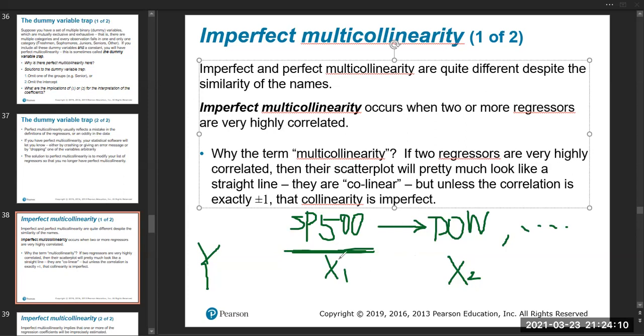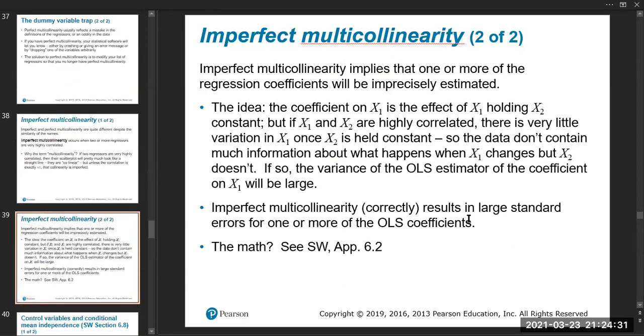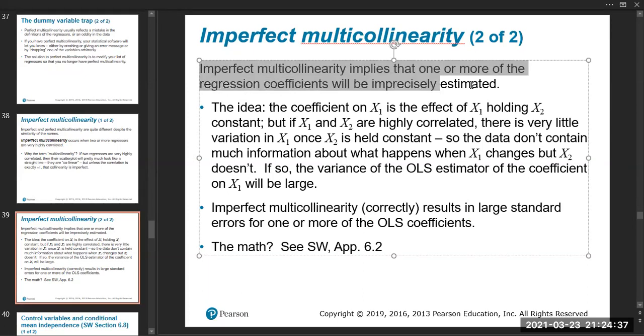They don't violate the fourth assumption because they are not exactly linear relationships with each other, but you will end up having imperfect multicollinearity. So what's the problem with this one then? It means your regression coefficient probably will be imprecisely estimated. Even though they are not exactly the same information, they are almost the same information.